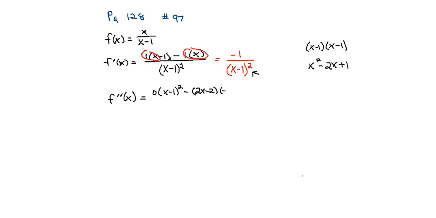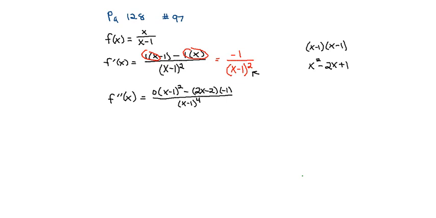So multiply that by negative 1, all over the bottom squared, x minus 1 squared. Actually, what is x minus 1 squared? We have to square it again, and if you square that again, it'll come to the 4th power. So I need to change that to the 4th power.